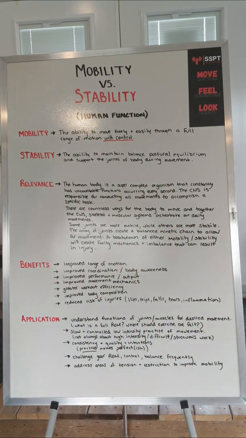So mobility and stability are both basic human functions, and these are both components of movement. When we break it down, mobility is the ability to move freely and easily through a full range of motion with control. The "with control" part is the main part of it, because you might be able to, say, do a squat and load weight on your back and get jammed into the bottom of the position.